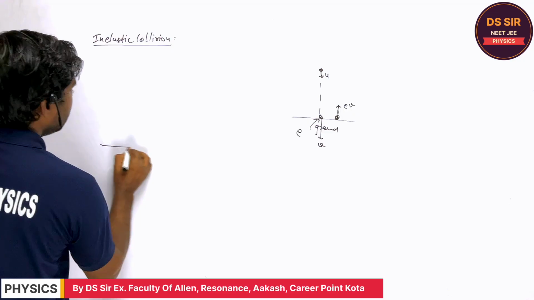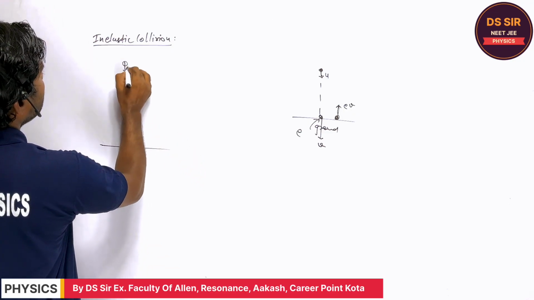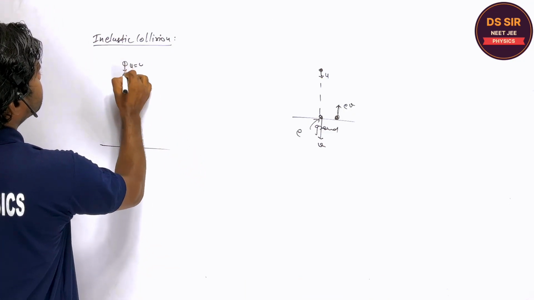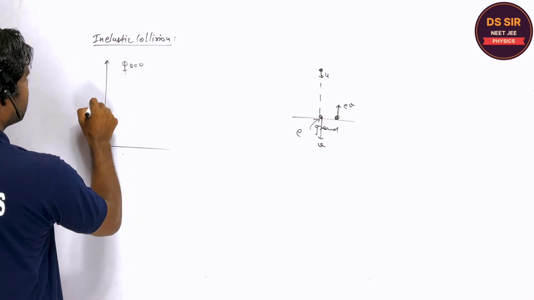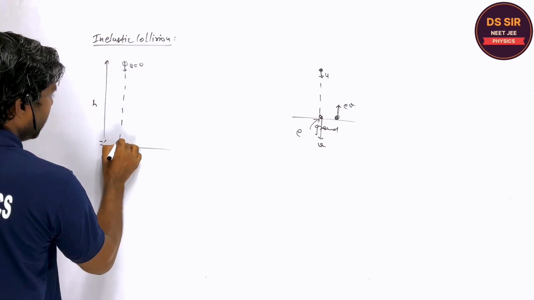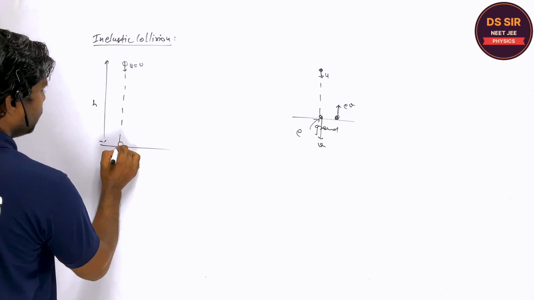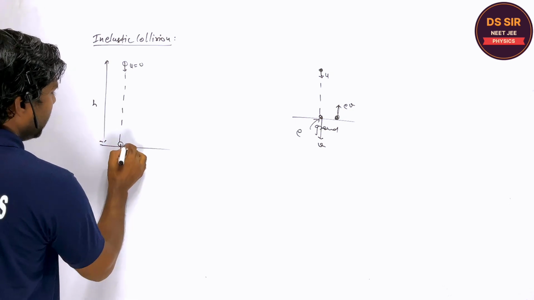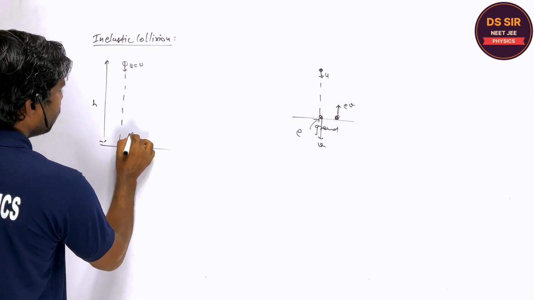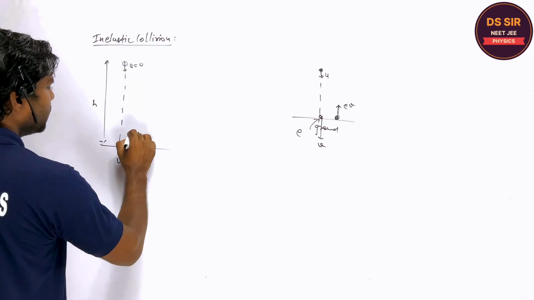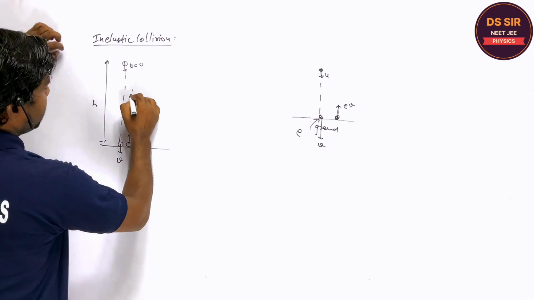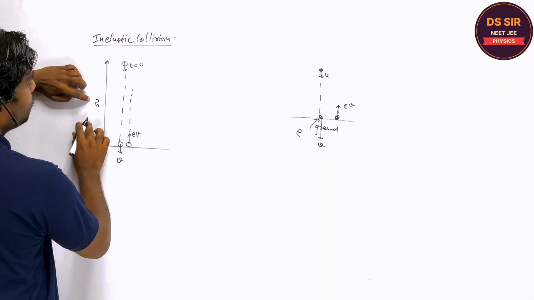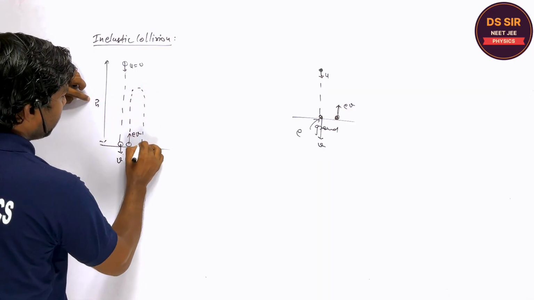For example, now if we drop the ball from its initial speed 0 from height h, what will happen? It will hit the ground with some velocity v, and then it will rebound with the velocity ev. It will move up a smaller distance as compared to this, and it will come back.